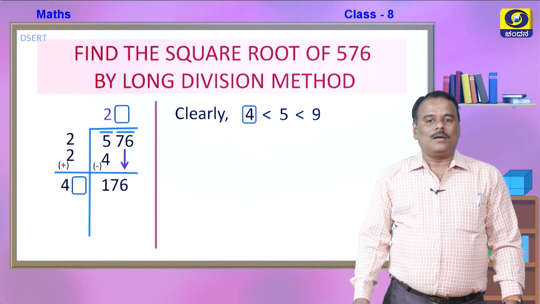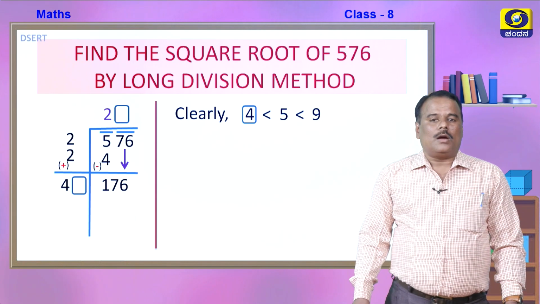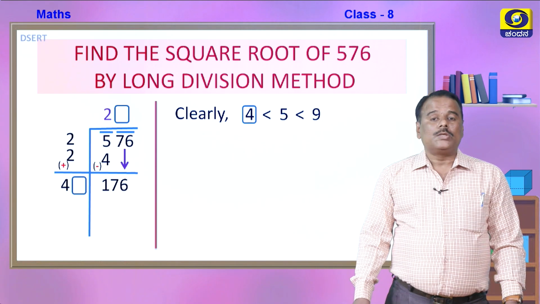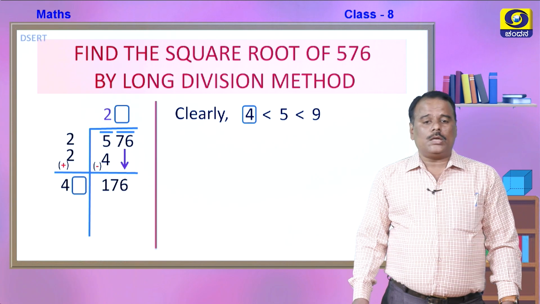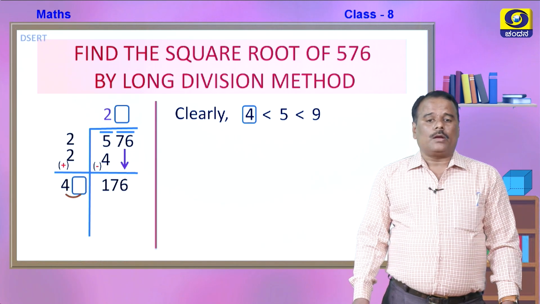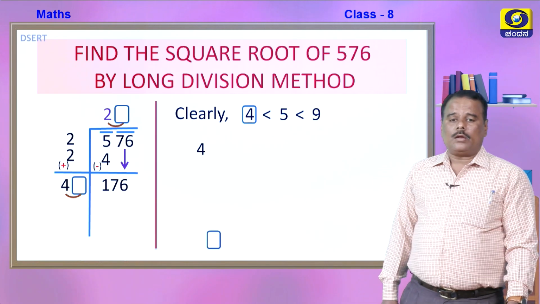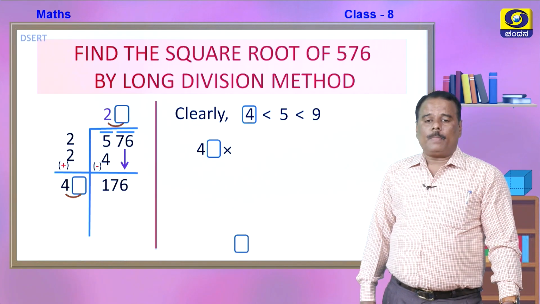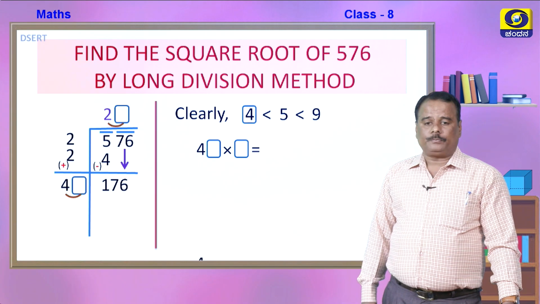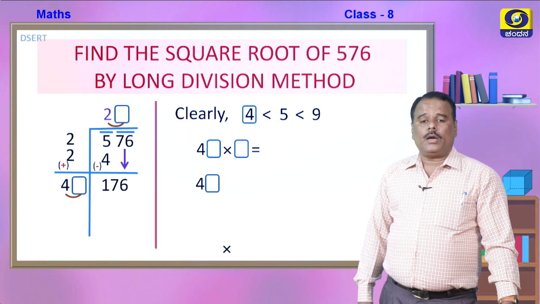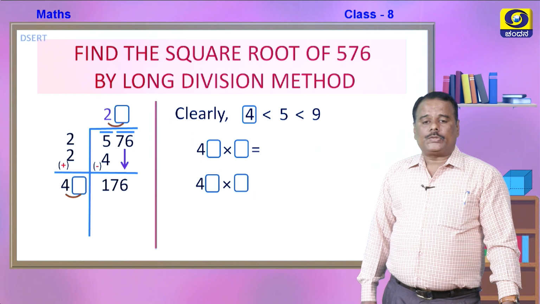Yes, you are correct. It must end with either 4 or 6. So we should check this only for 2 digits, that is 4 as well as 6. So let us check what we get when we put 4 in that box, or what we get if we put 6 in that box.